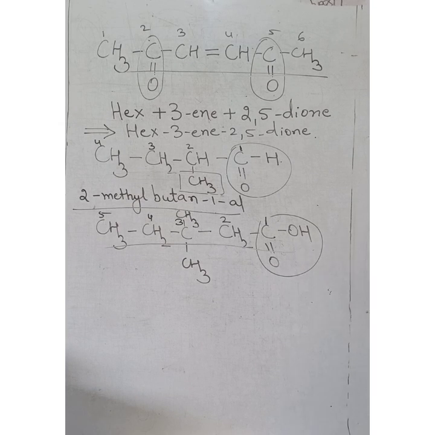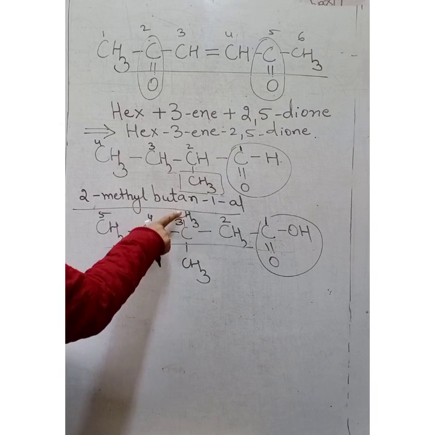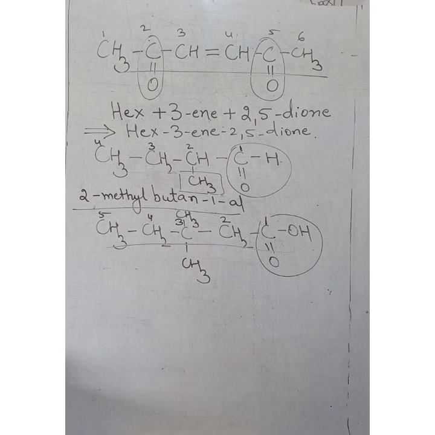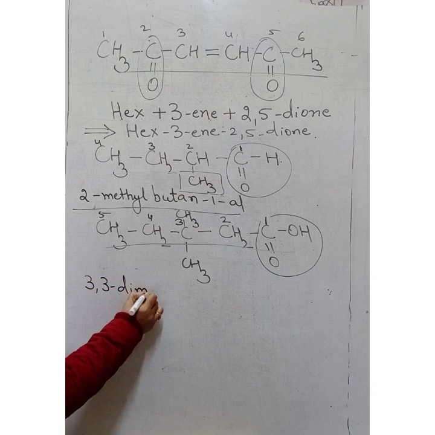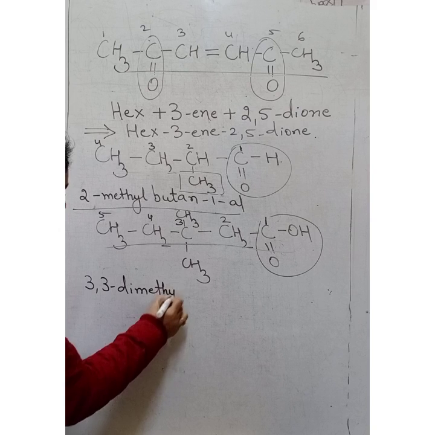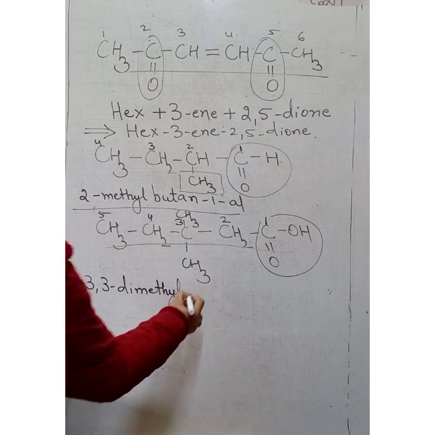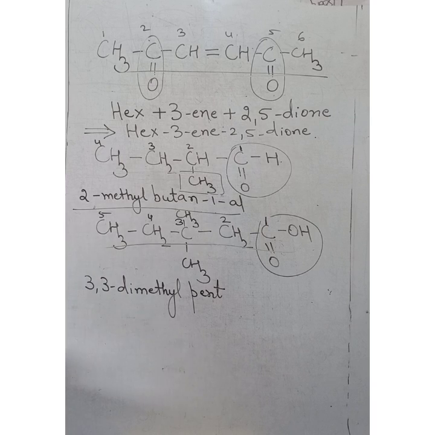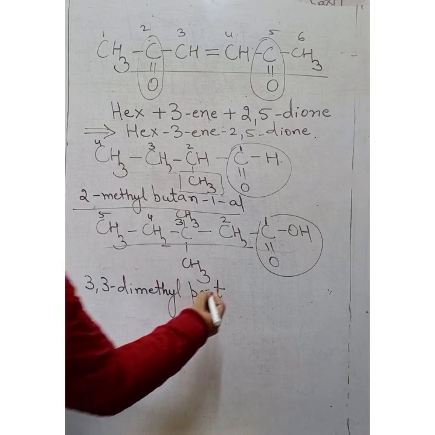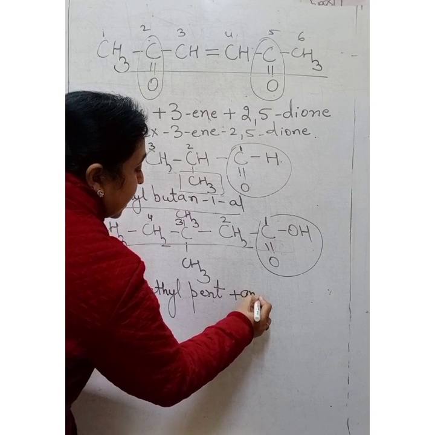Now you can see that we are having two substituent groups present at position number 3 and both are methyl. So dimethyl will be the prefix used: 3,3-dimethyl. Now your word root is pent because there are 5 carbon atoms. Primary suffix is ane, so plus ane.